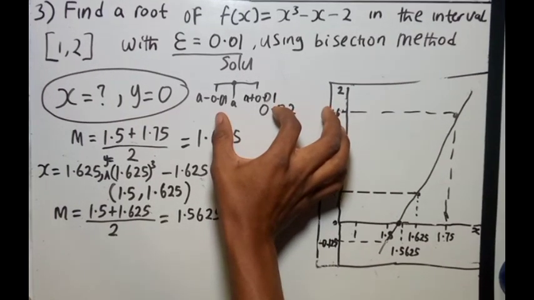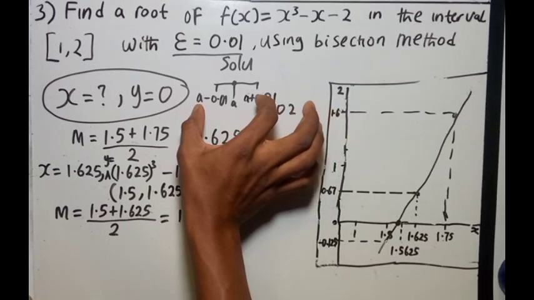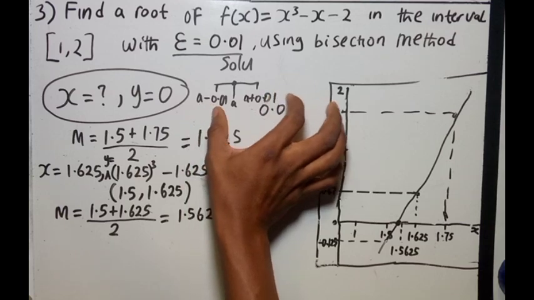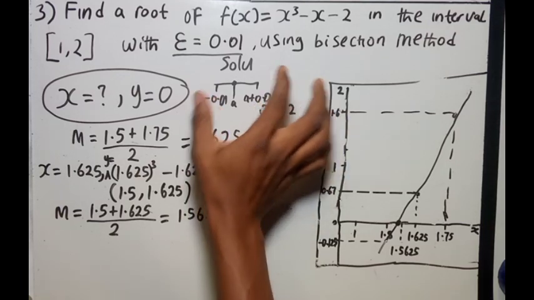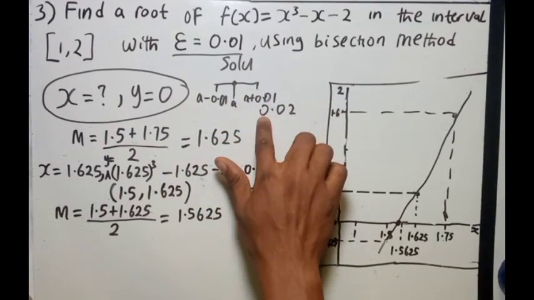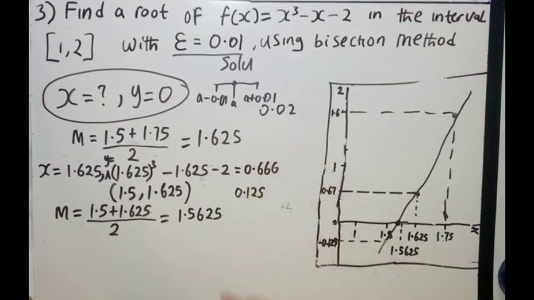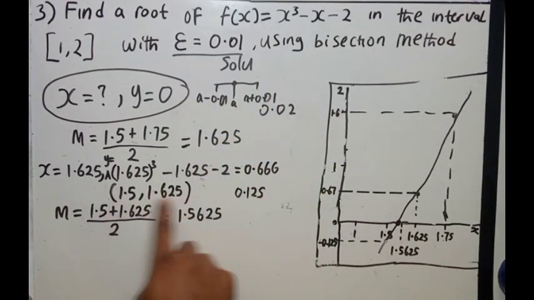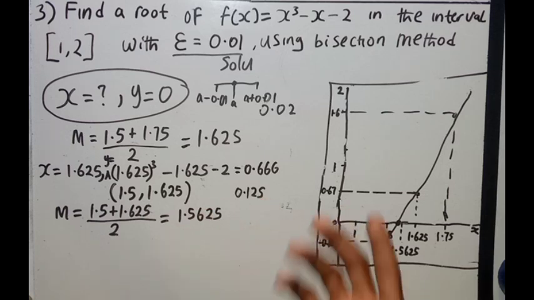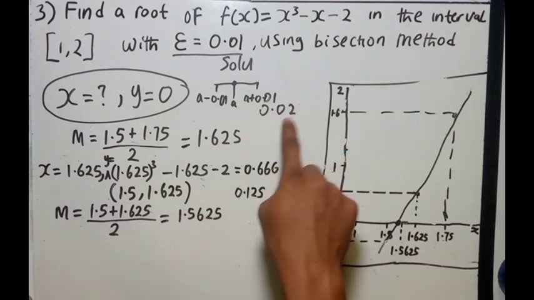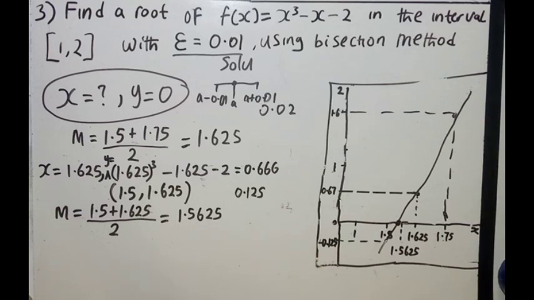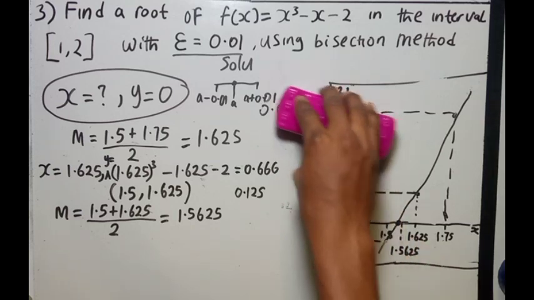And the distance between the two of them is 0.02. So each time you get an interval, when you subtract them, you should be getting something close to 0.02. So we'll keep on doing until we get something close to that.